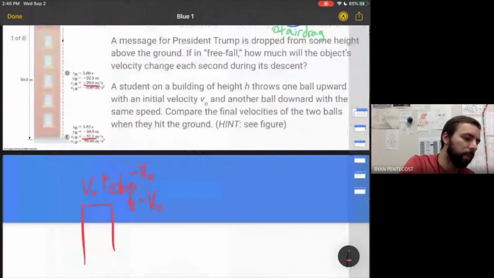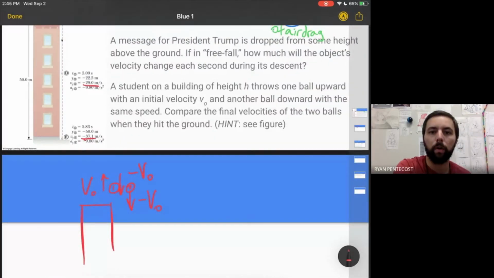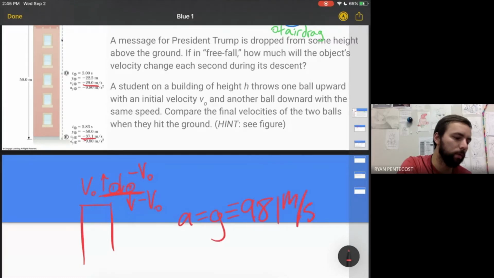Okay, so ball 1 and ball 2 are both traveling downward from this starting point here with a velocity of negative v naught. So assuming that they're all in the same gravity and have the same acceleration, because acceleration will equal g, which, depending on who you're asking, is negative 9.81 meters per second squared, they will then have the same v final, right?